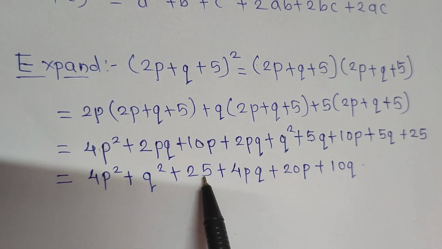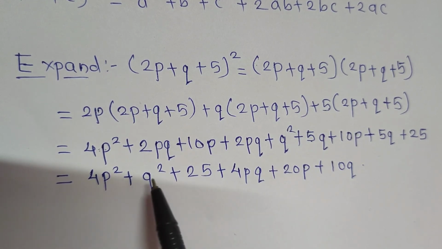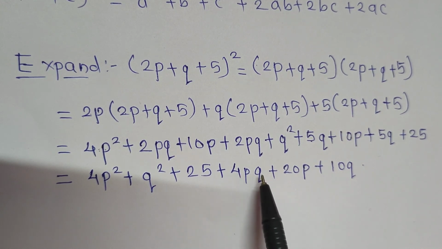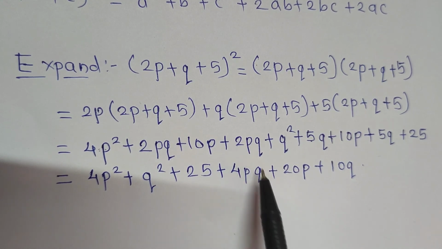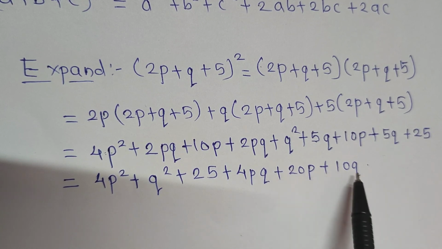Square of 5 is 25. That is, we are getting in the form of a square plus b square plus c square. Here 4pq is what now? Double of 2pq, 2 times ab. Then 2 times bc and 2 times ac. We obtain the same answer. That's the required answer. Thank you.